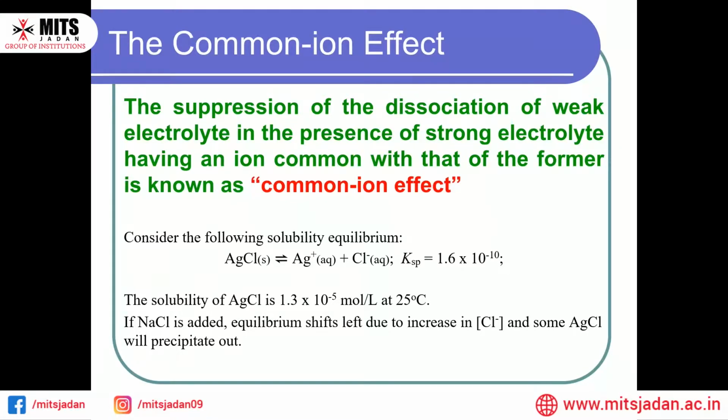Since the solubility of silver chloride is 1.3 into 10 to the power minus 5 mole per liter at this temperature, as we have already calculated earlier, if we add sodium chloride, that is a strong electrolyte, in the solution of silver chloride, that is a weak electrolyte, this equilibrium shifts left. Here, one can easily observe that in both silver chloride and sodium chloride, the chloride ion is common. Due to increase in chloride ion concentration, silver chloride will be precipitated out due to this common ion effect.